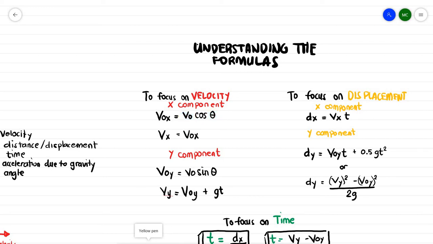focusing on the velocity of the y component. To understand how to get the velocity of the y component, again, you need to make sure that there is a given variable of the initial velocity.